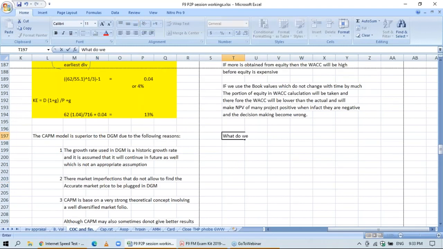What do we mean by a project specific cost of capital?